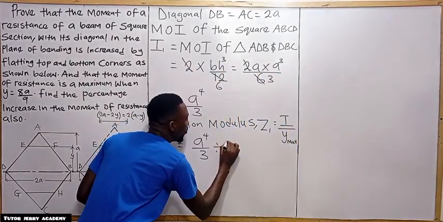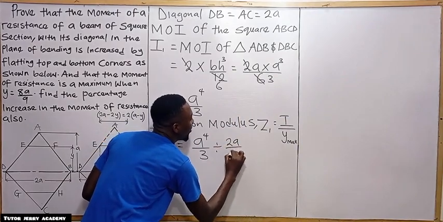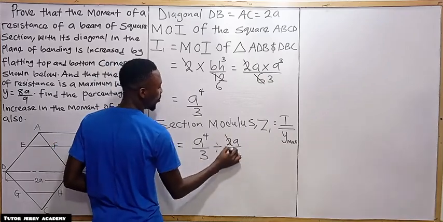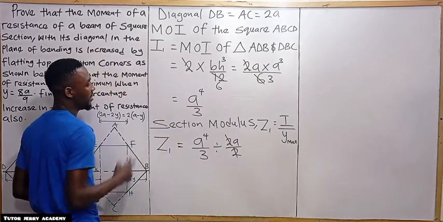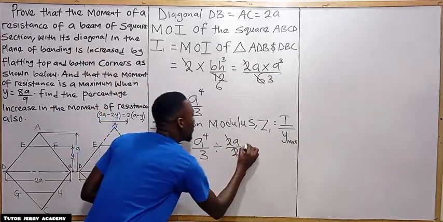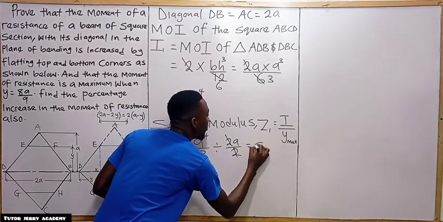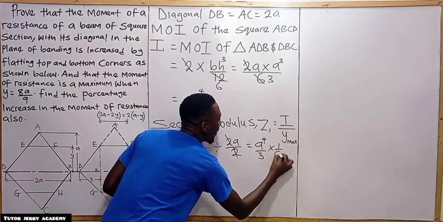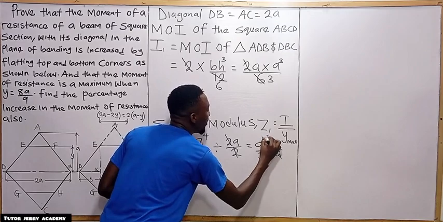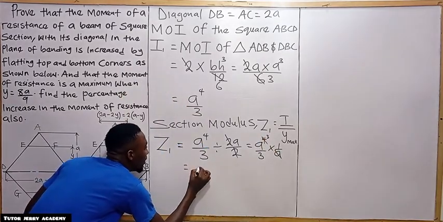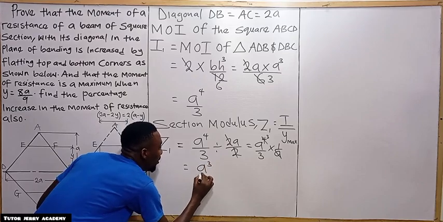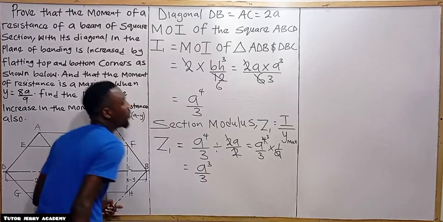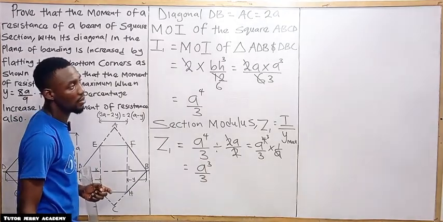This 2 goes with this 2, so we have A to the power of 4 all over 3 multiplied by 1 over A, which is A to the power of 3 divided by 3.